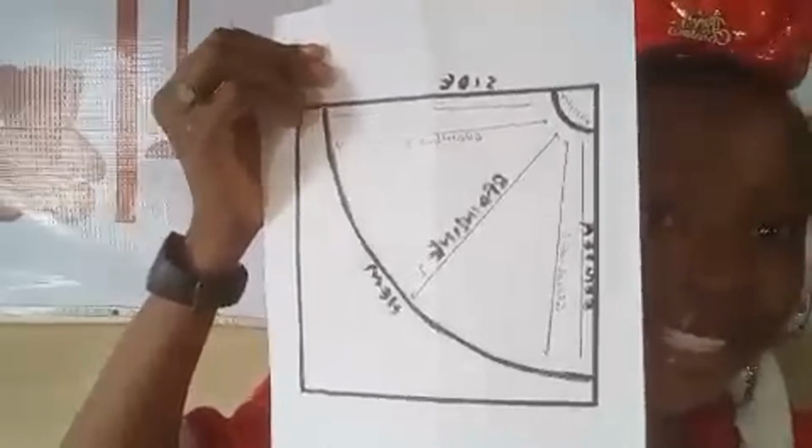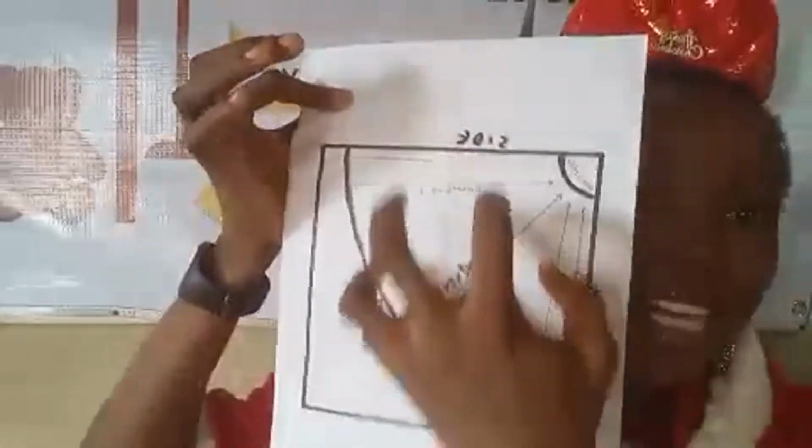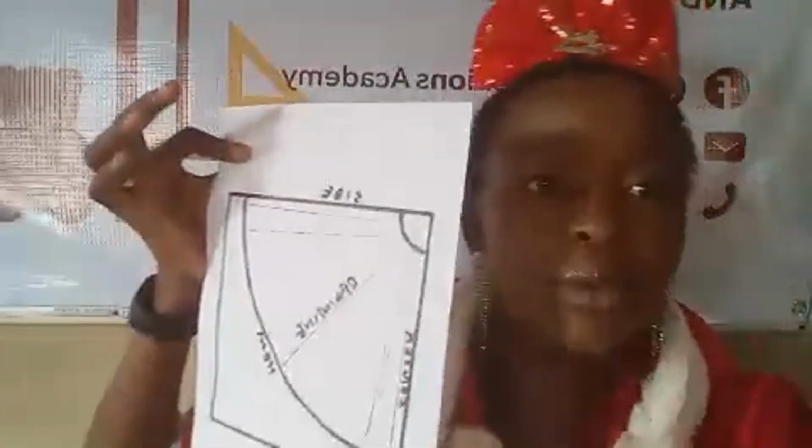Great. So that's what you're going to be using to draft this on your pattern or even on your fabric. What we are doing here is the radius. Let me show you a sketch. Look at this now. This is a 90 degree section, the quarter that is brought out from a full circle. Now this is a full circle, right?